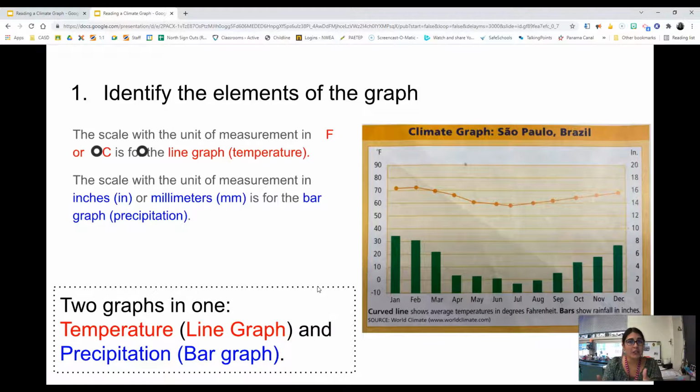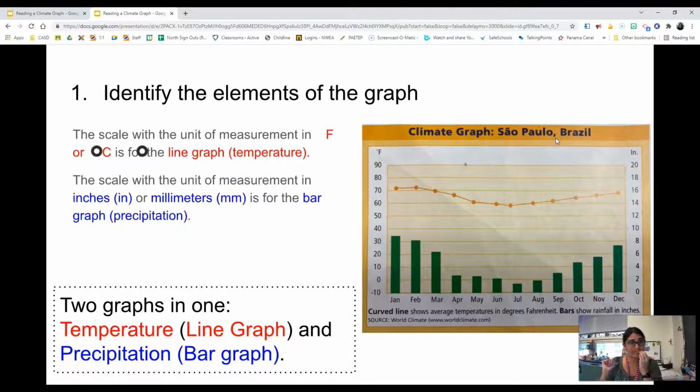What information can you gather from that graph or map? So it's really important that the first thing you do is look at the title. On this graph, our title is the climate graph of São Paulo, Brazil. So we know that it's a climate graph, and we know that the location is São Paulo, Brazil.